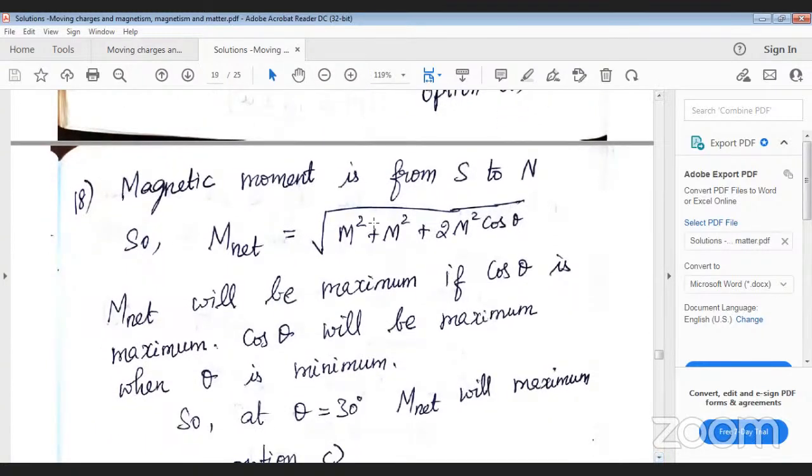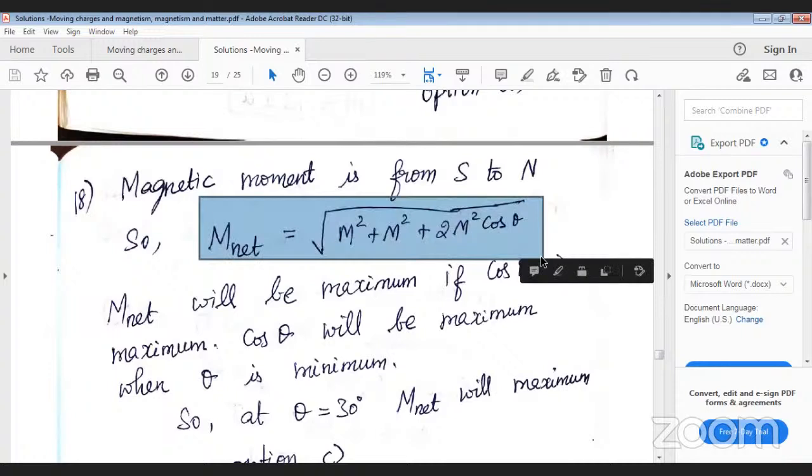M net, that is the net magnetic moment, is given by root of M squared plus M squared plus 2M squared cos theta. How did we get this? So that is M1 plus M2 whole square. Let me write that equation here for your better understanding.